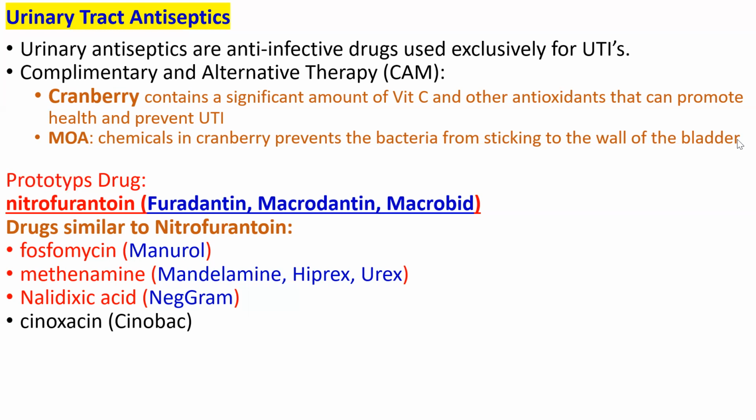The cranberry contains a significant amount of vitamin C and other antioxidants which can promote health and prevent the UTI, because the cranberry would prevent the bacteria from sticking to the wall of the bladder, and it will decrease the likelihood or susceptibility to develop the UTI.